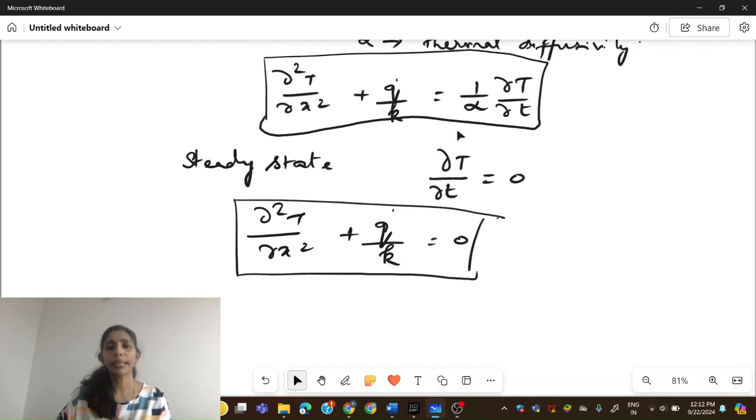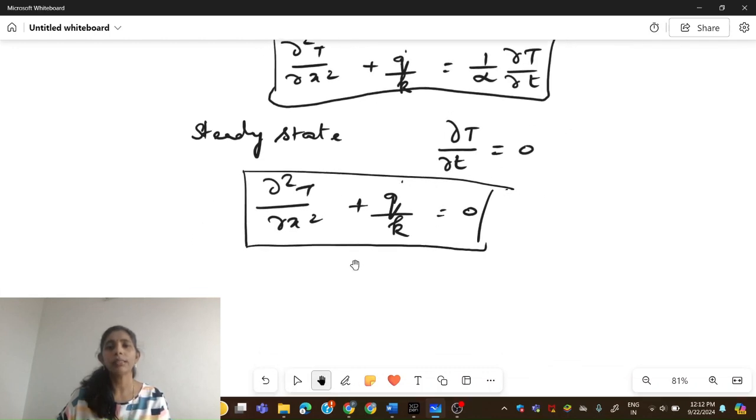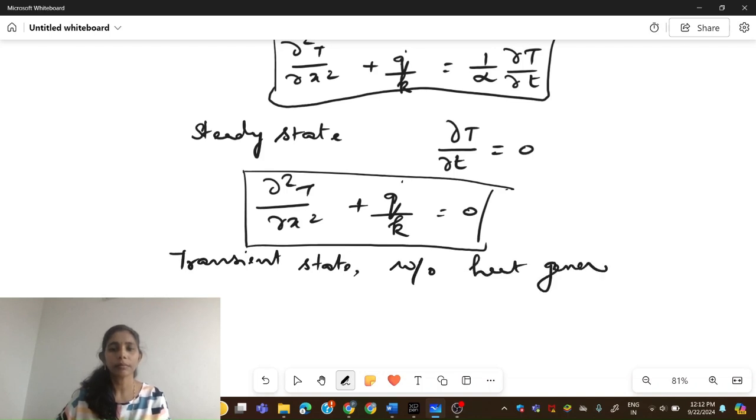Suppose you are not taking this value as 0 and you're also studying the properties with respect to time, then you call it the transient state. Okay. So in the transient state and without heat generation, the general equation will change.